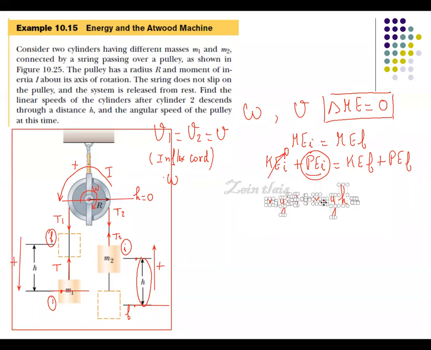We can say the kinetic energy for M1 and M2 is half M1 V square plus half M2 V square. This is the translational kinetic energy of M1 and M2.